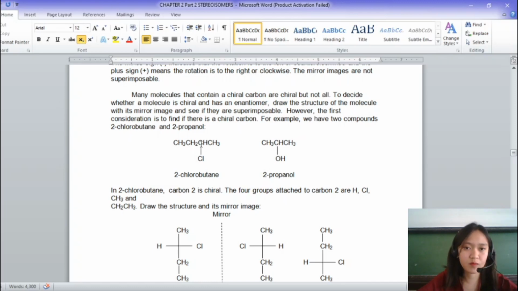So, pangatlong carbon pa nakadikit ang chlorine. On the other hand, if you start on the right side, then 1, 2. So, sa pangalawang carbon dito. So, meaning, dito ka mag-base ng number 1 carbon. Kuha. This is the number 1 carbon because it is the carbon nearest to the attached functional group. Okay? So, 1, 2, 3, and 4. So, 2-chlorobutane.